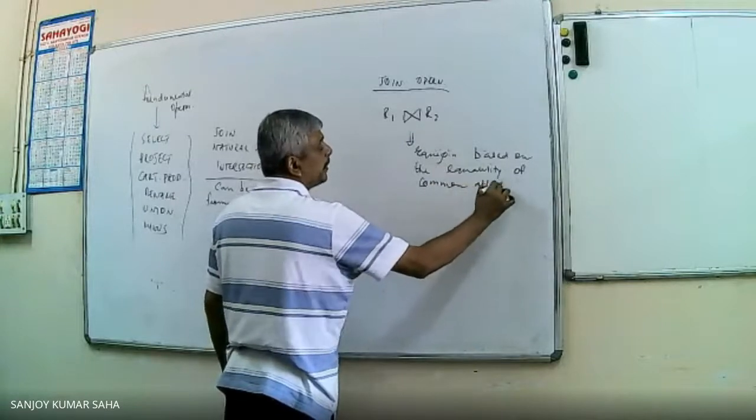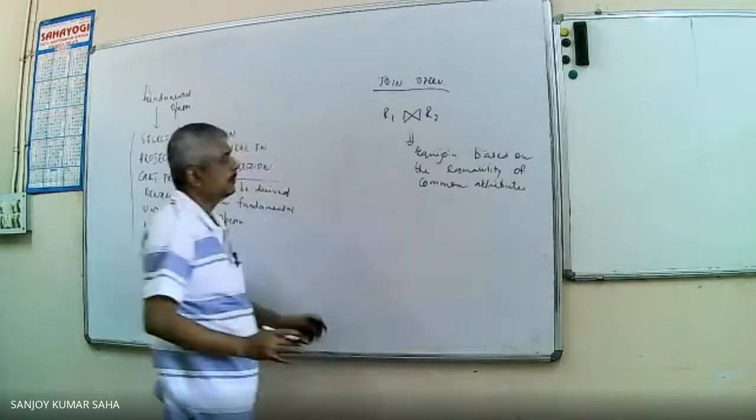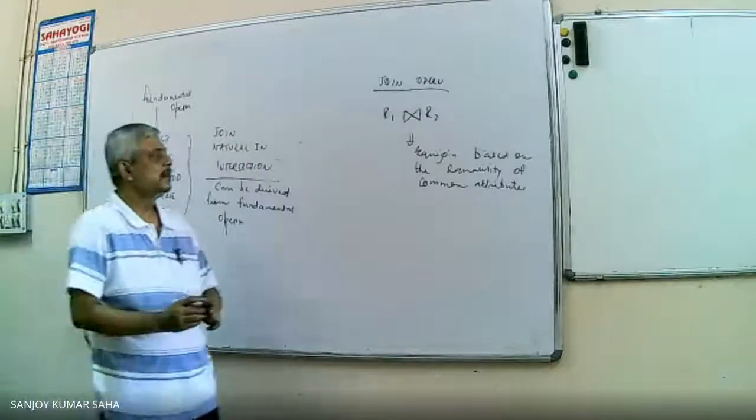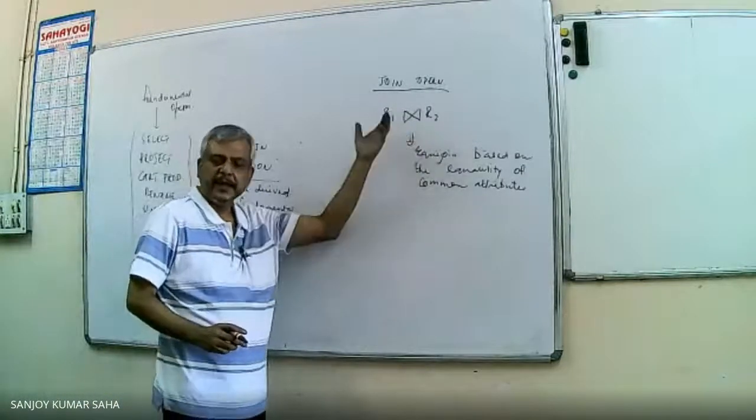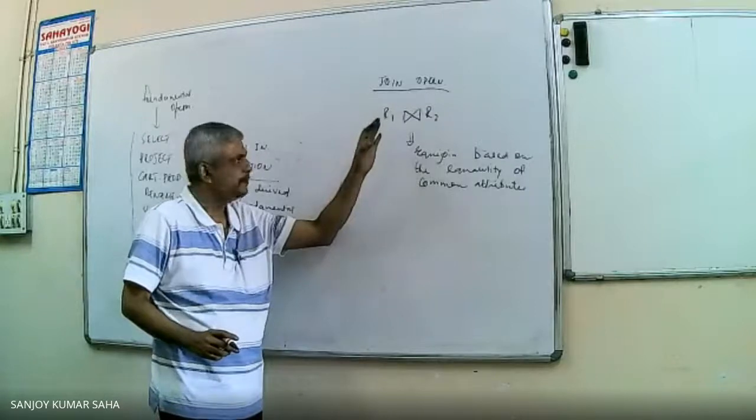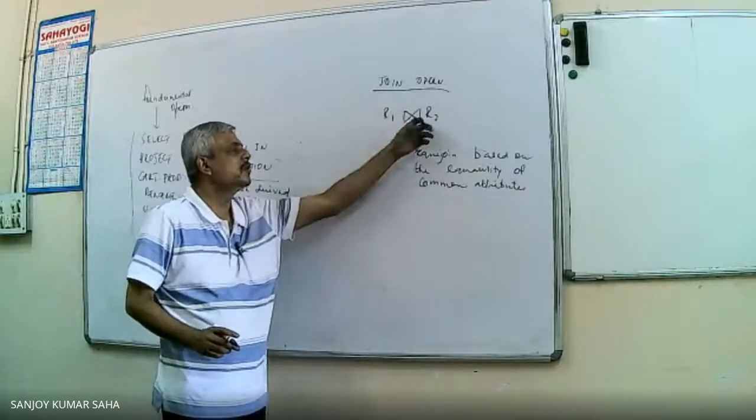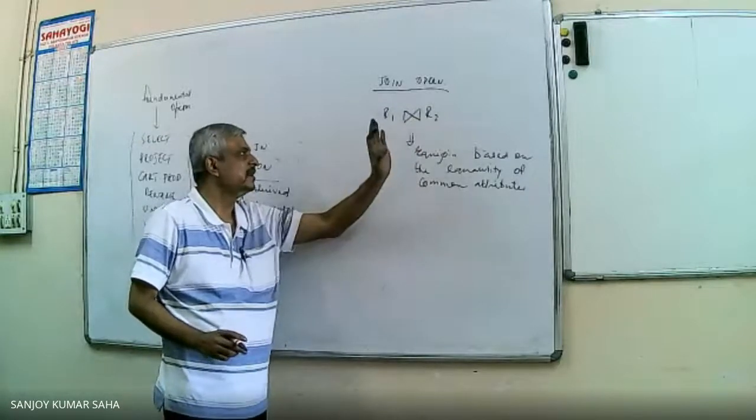If there are multiple common attributes, they will be ANDed. So if nothing is written, then assume that. If they have common attributes, meaning the name is also the same, right? If you don't write the predicate explicitly.